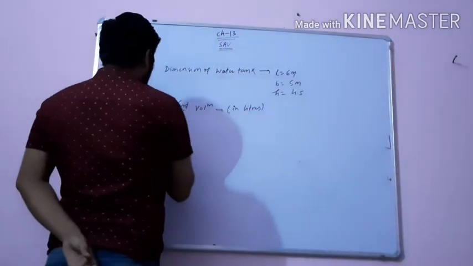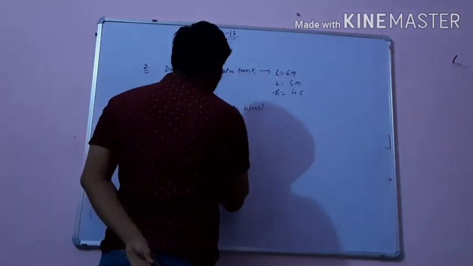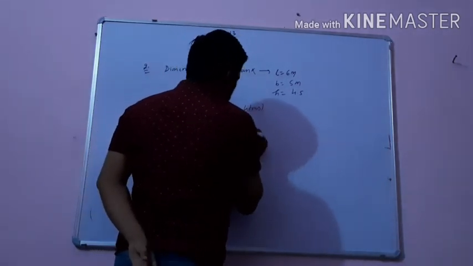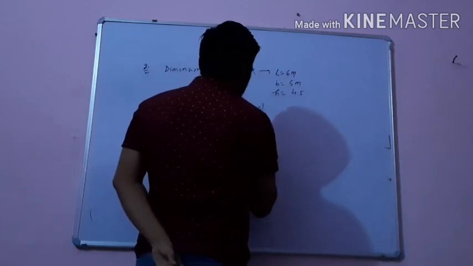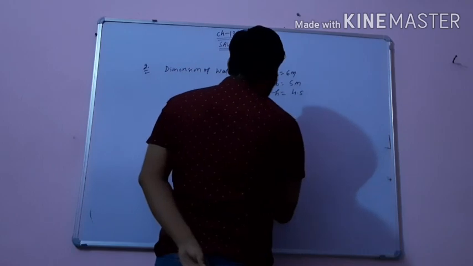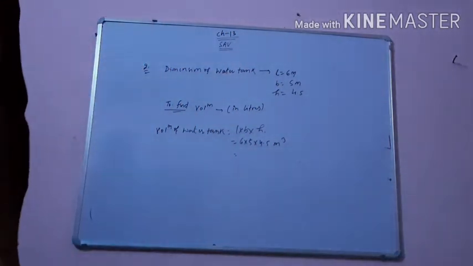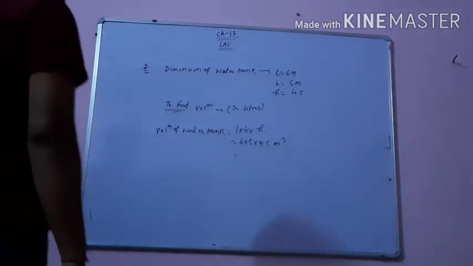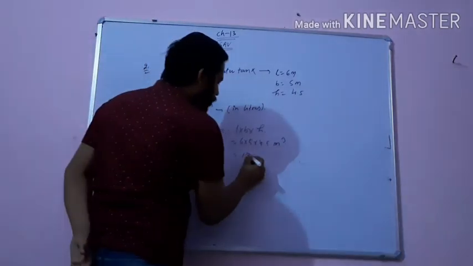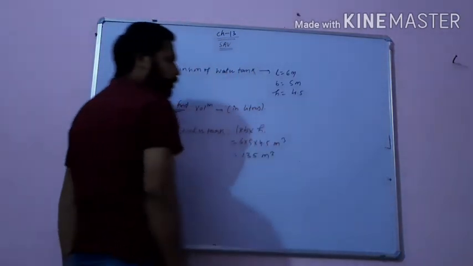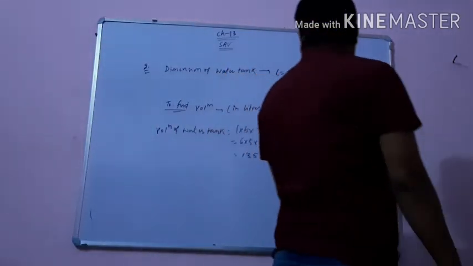So the volume of the water tank will be equal to L into B into H. Now 6 into 5 into 4.5 meter cube, 6 5s are 30, 30 multiplied by 4.5, that will be 135 meter cube. The volume of the water tank is 135 meter cube.